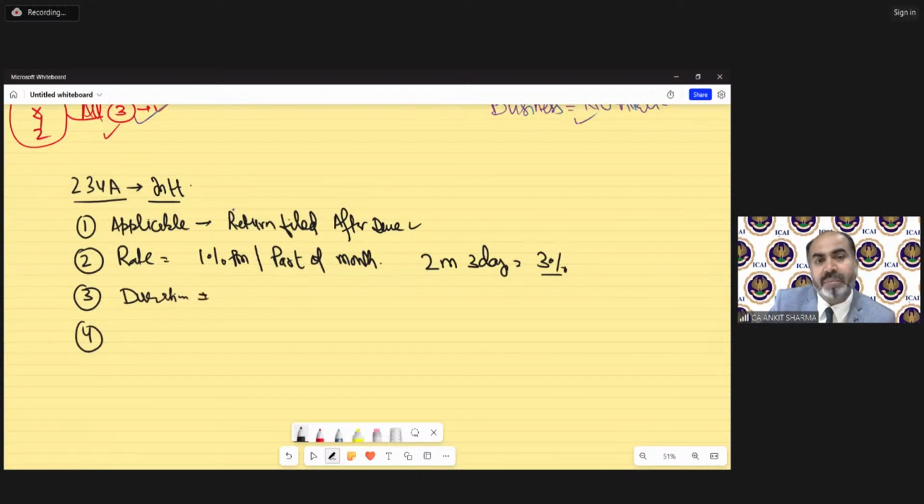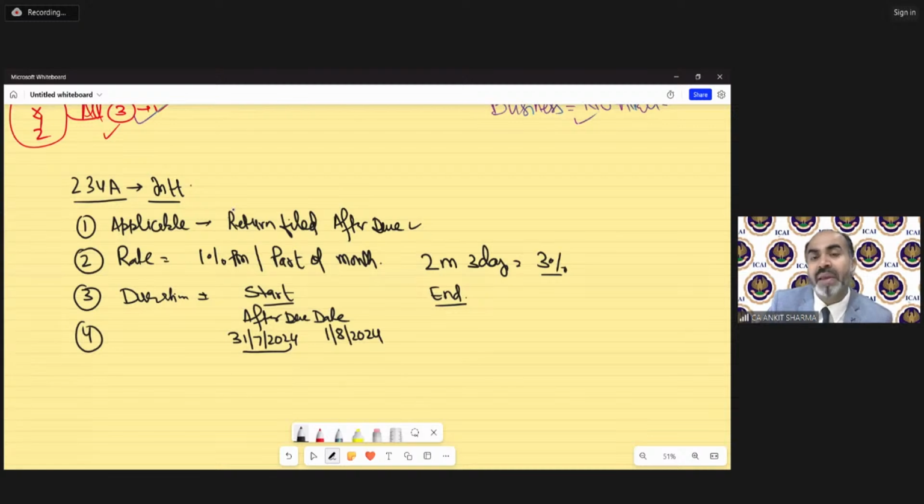Third is duration. I need to know the start point and the end point. Of course, the start point is after the due date. Suppose in our example the due date is 31st of July and we did not file the return; then the time period will start from 1st of August 2024.